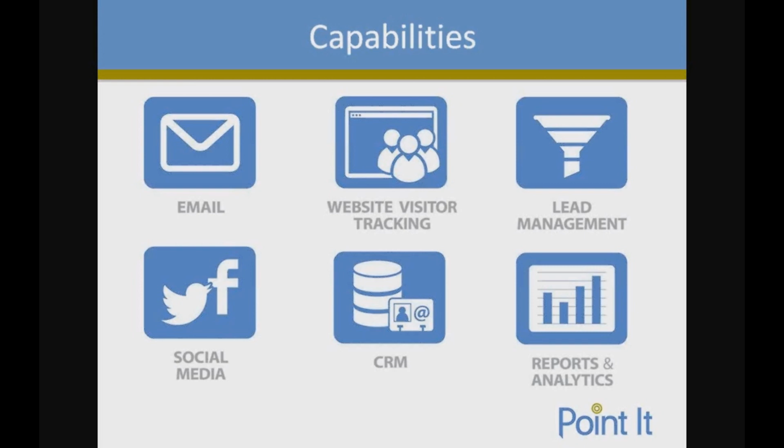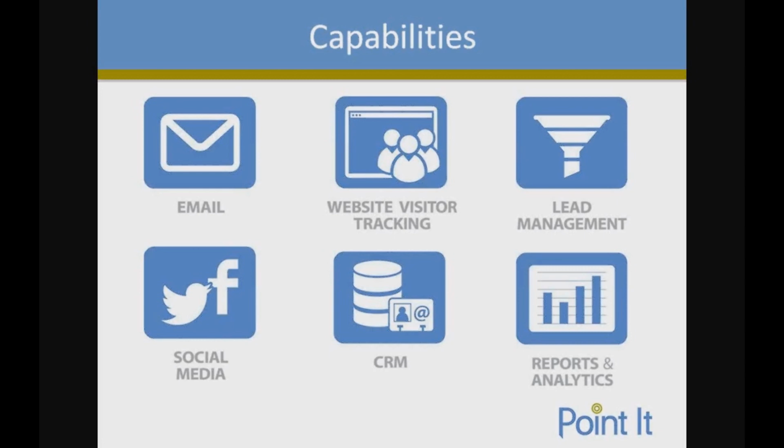The next item is lead management. This ties back into email and website visitor tracking, tracking where that lead is in the sales funnel. Next, social media, how you can tie social media into your marketing automation efforts.